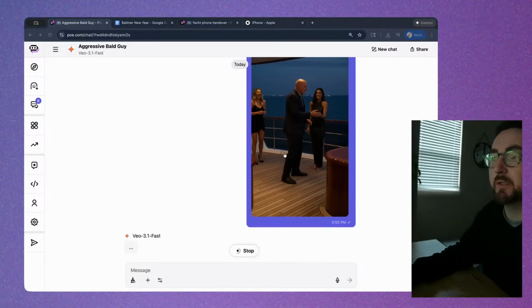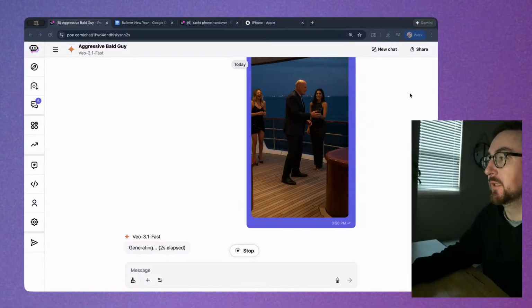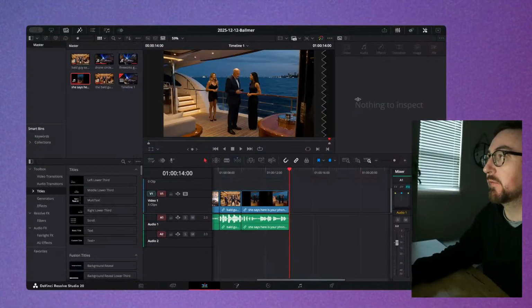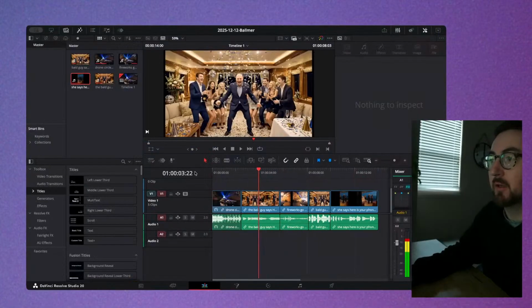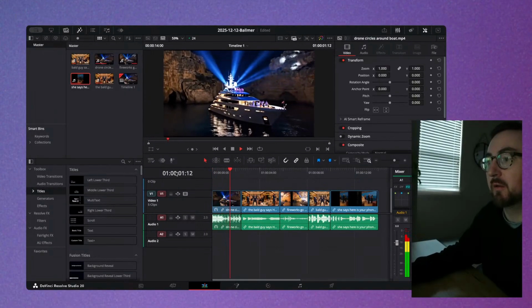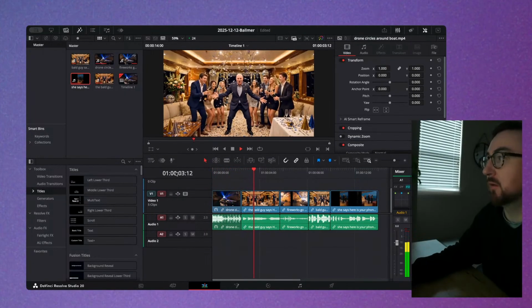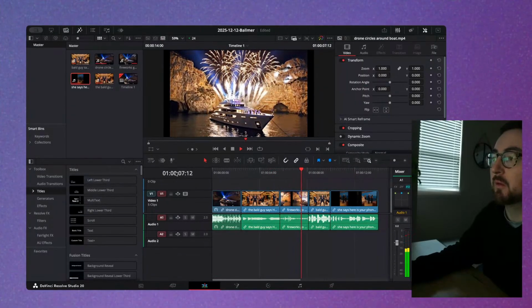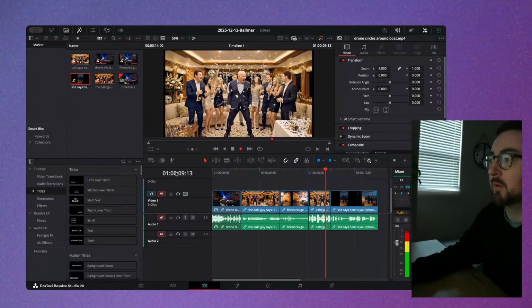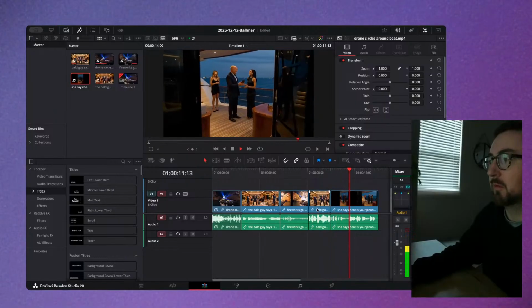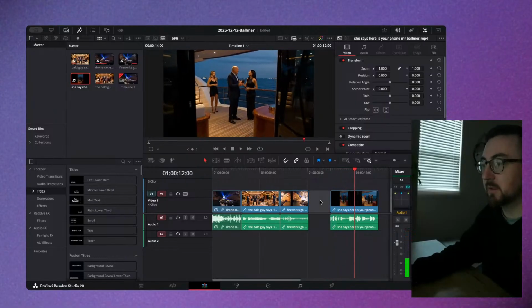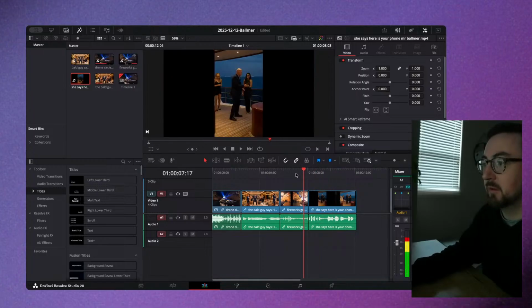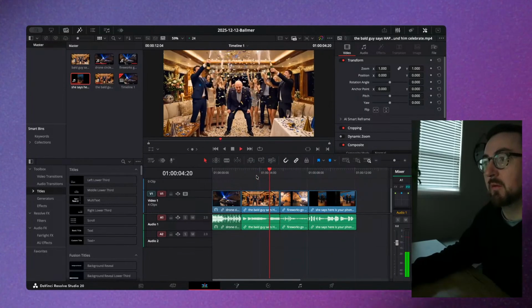So you can see what I'm basically trying to do is stitch together this whole sequence of events. So it's like, Happy New Year! Get me my phone now! Here is... I don't even like this, so I'm gonna cut. New Year!